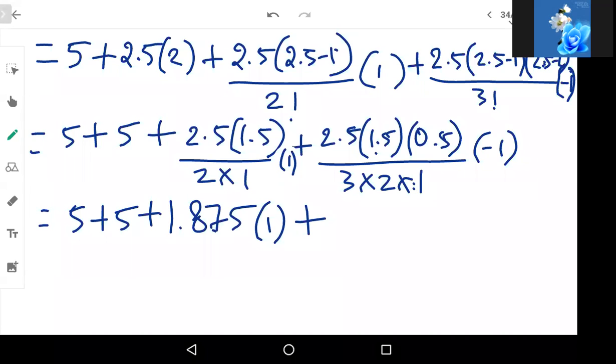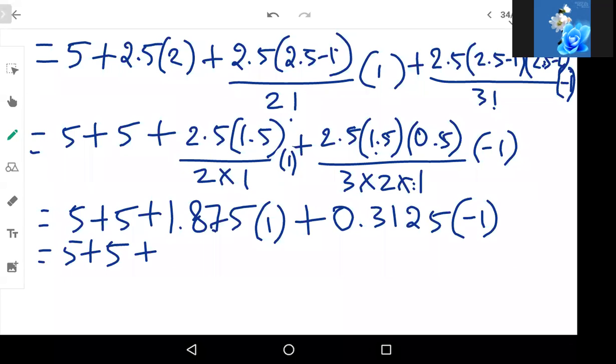So what do you get? 0.3125 into minus 1. I'm just simplifying this part here. So 5 plus 5 plus 1.875, and 0.3125 into minus 1 will give you minus 0.3125.